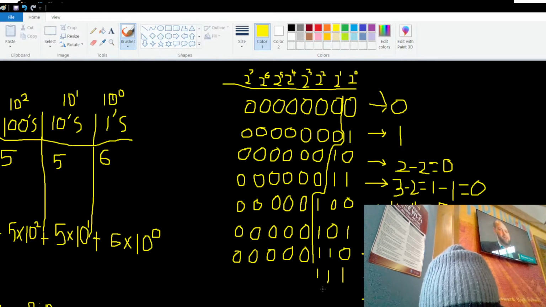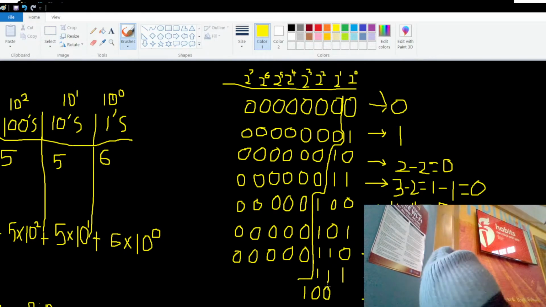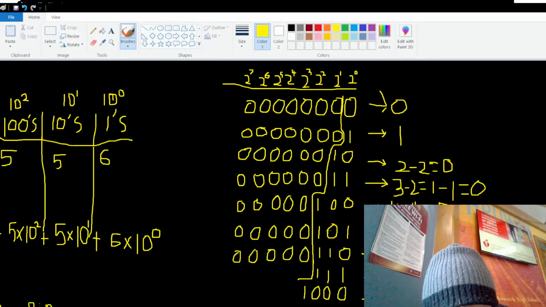It goes up to the next place, right? It just goes up to the next place. So you know that it's going to be 1, 0, 0, 0. And that makes sense because 2 to the 3rd place is 8. So to represent 8, 1, 0, 0, 0.